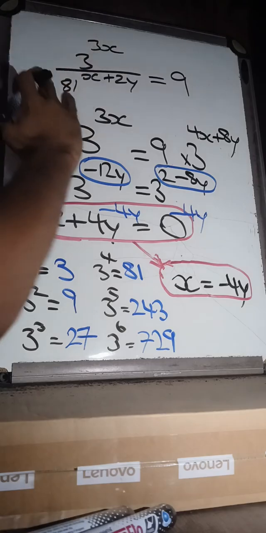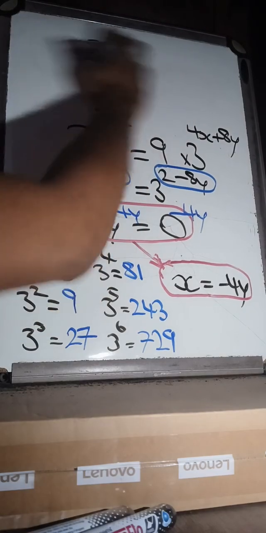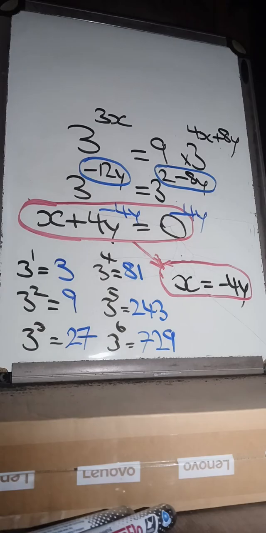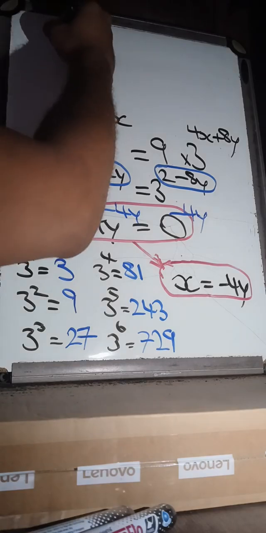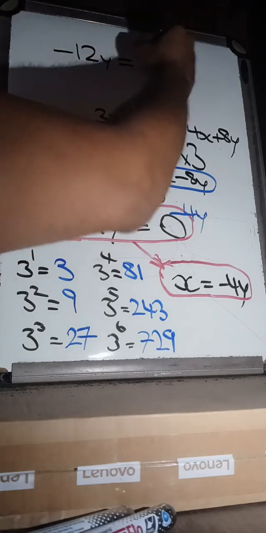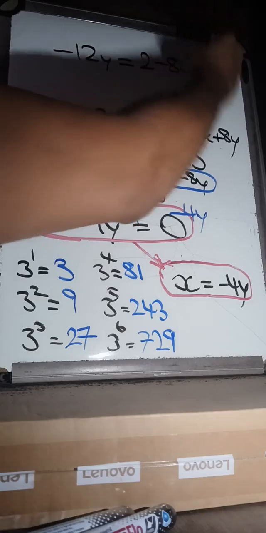So after we go through all of that stress, now we reach the good part. Now we can focus on the exponents, which means all we have is minus 12y equals 2 minus 8y.